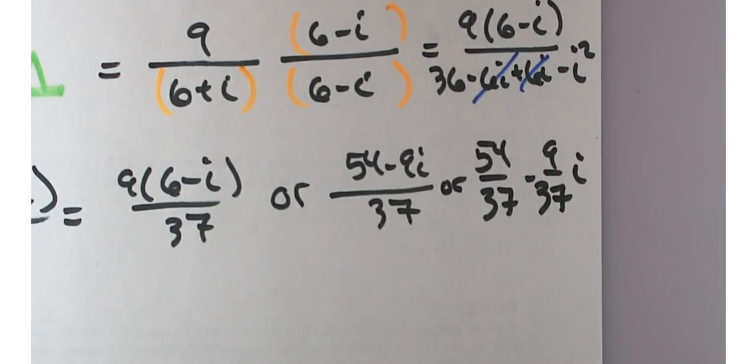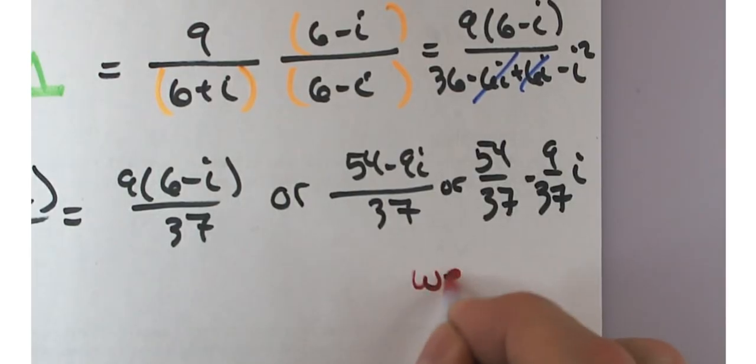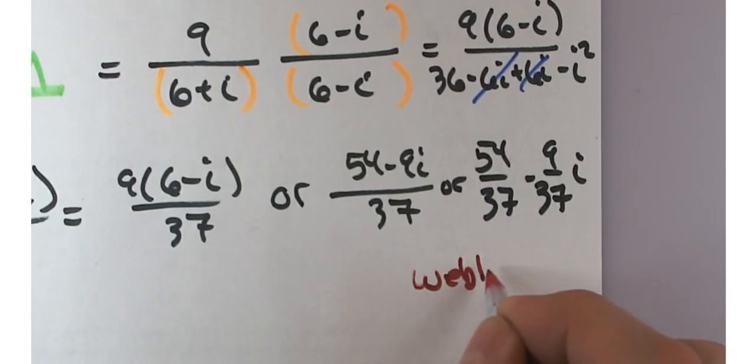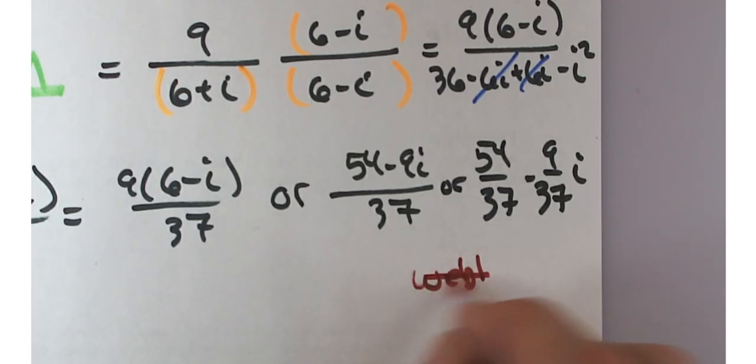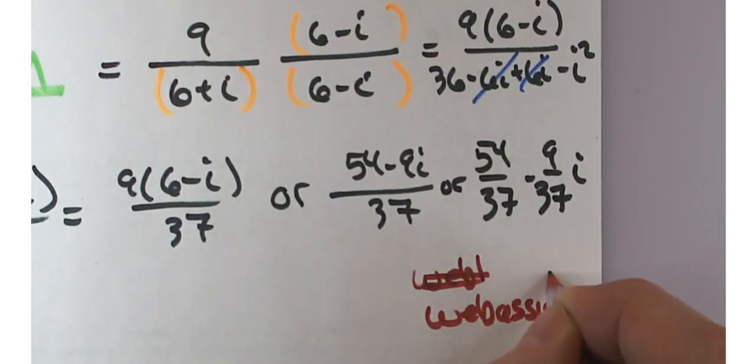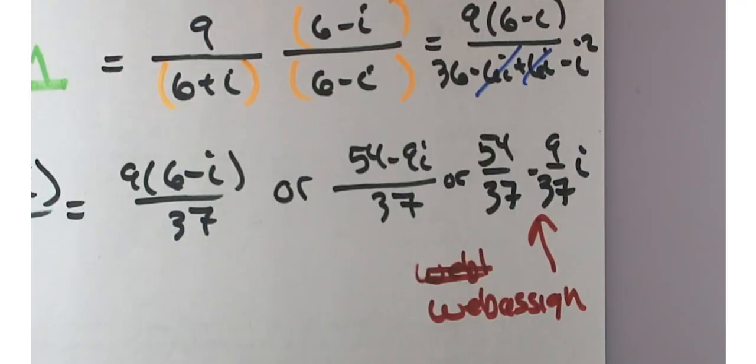And I'm thinking that WebAssign is probably going to prefer it like that. I think they want your real part and imaginary part done up separately. So just giving you a heads up on that.